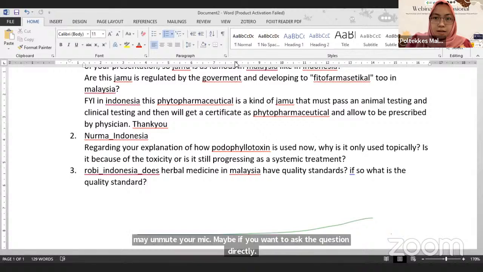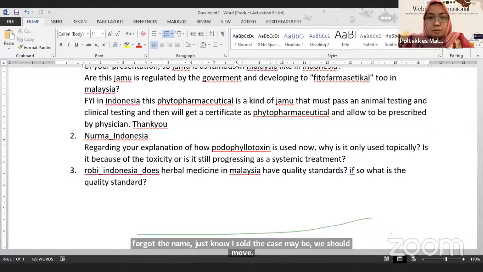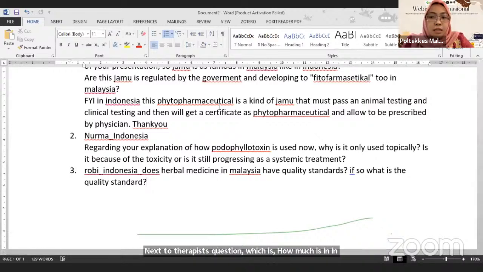Okay. Oh, I forgot the name. Just now I saw the, okay. Okay, maybe we should move next to Mr. Noorobby's question, which is herbal medicine in Malaysia.